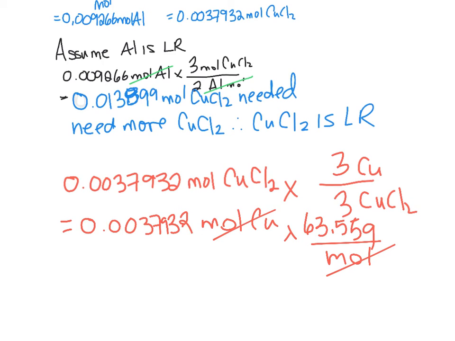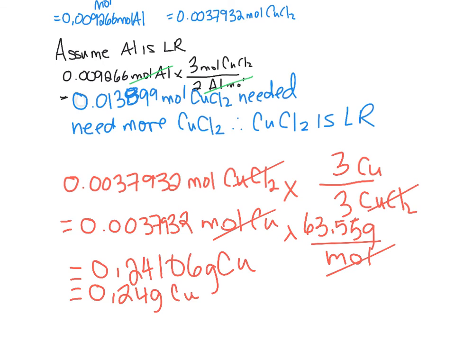Now you can find the grams of copper theoretically that can be produced if nothing else goes wrong. And you know stuff can go wrong in your experiment. Okay? I have a question. Yeah. See the second line, you put 0.0.